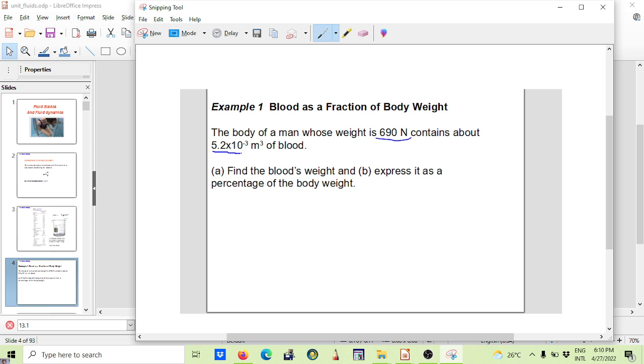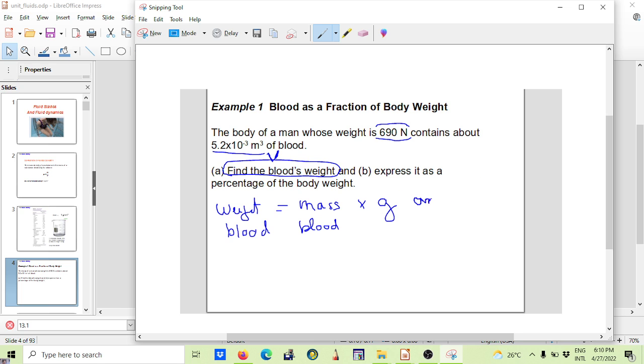And that's how much blood he has in his body. So that will be the volume, right? That's the volume, and that's his weight. Find the blood weight. So the weight, by definition, of blood, any weight, is going to be the mass, except here it's the mass of blood times gravity, which is 9.8, okay?